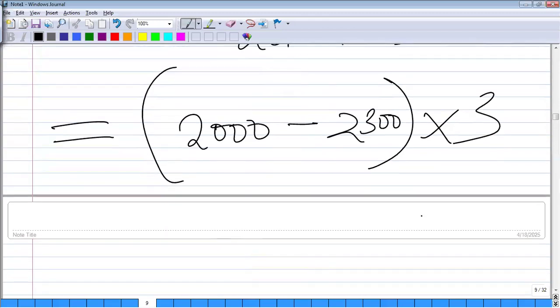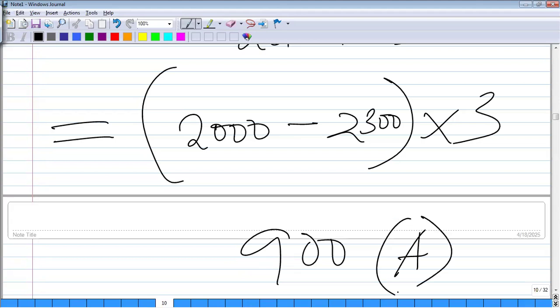To give us, what do you get? Is it adverse? Is it favorable? Adverse, why? We are losing money. How are we losing money? Yes? We sold less.